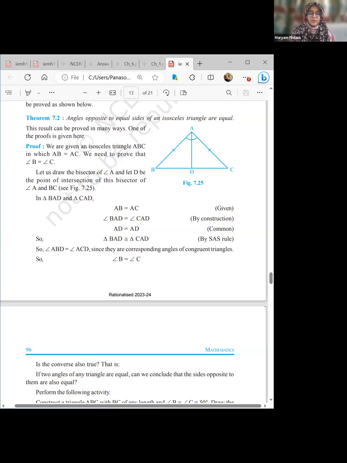BD will be equal to DC. Yes, BD will be equal to CD. Reason? Construction. Because we constructed the median in such a way that BD is equal to DC. It divides it into two equal halves, right? The one half is BD and the other half is CD and they are both equal.